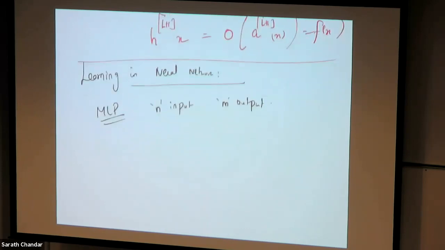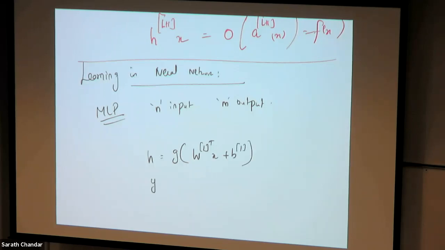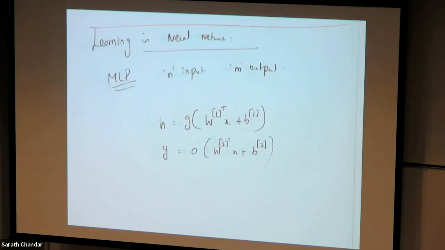The model is going to look something like this. h is given by g of W1 transpose x plus b1, and y is given by o of W2 transpose x plus b2, where g is my activation function for the hidden layer, o is the activation function for the output layer, W1 and b1 are the projection layer parameters, and W2 and b2 are the classifier parameters. Is that clear?